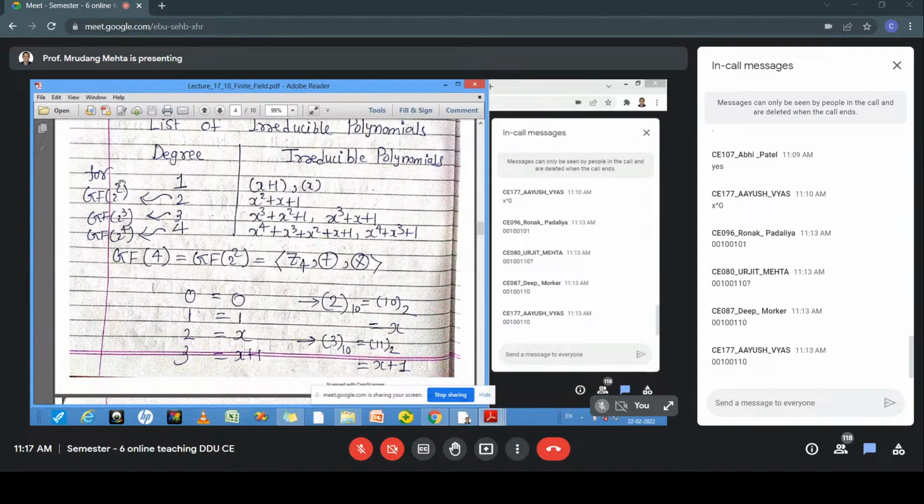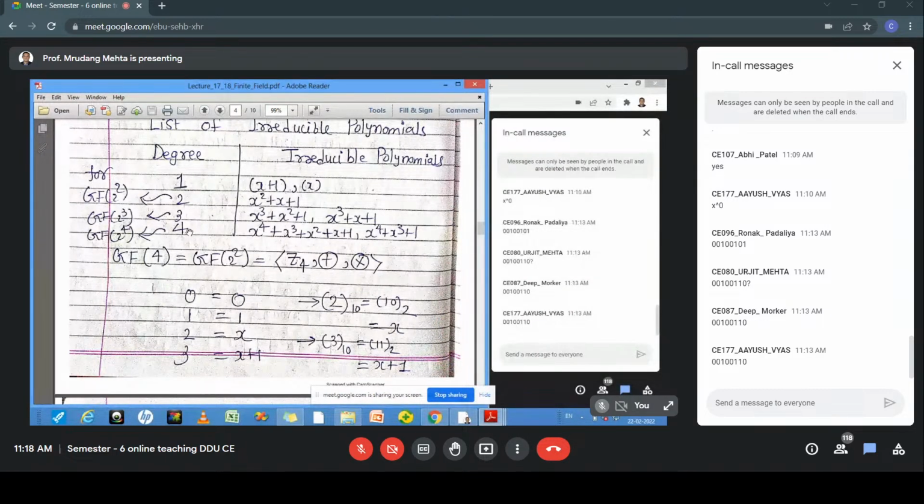For GF(2) raised to 2, the irreducible polynomial is x square plus x plus 1. For 2 raised to 3, we have x raised to 3 plus x square plus x, and x raised to 3 plus x plus 1. So if degree is 1, that means the degree of x should be the first term. Second, you have degree 2, so the first term is x raised to 2. Degree 3 means the first term is degree 3.